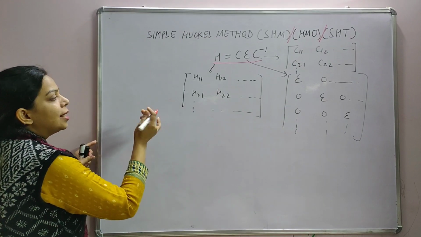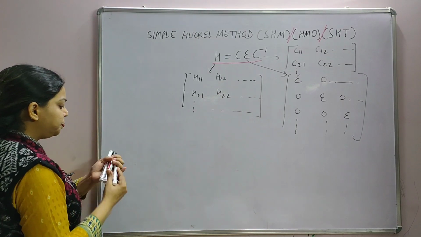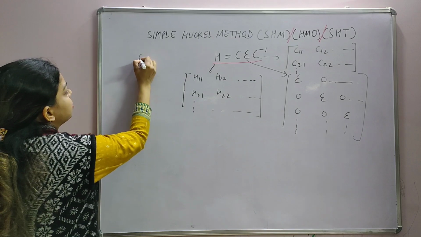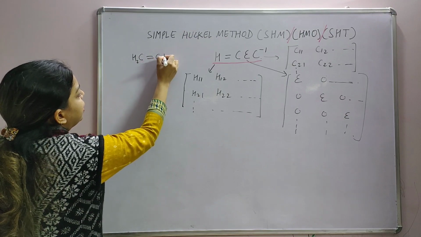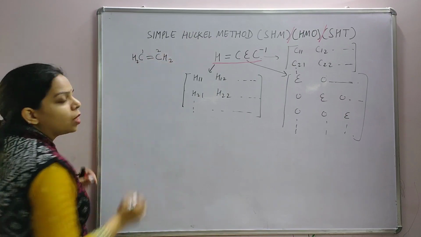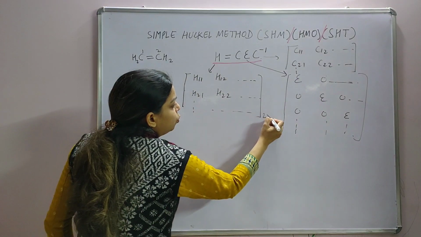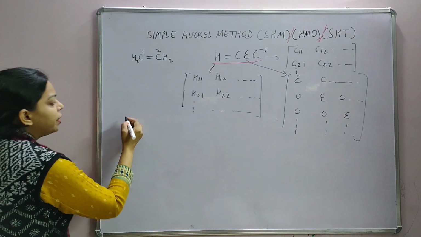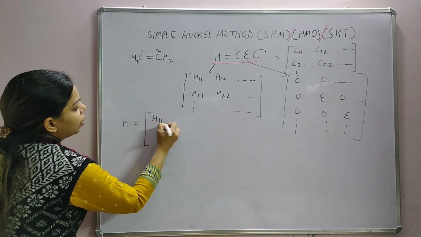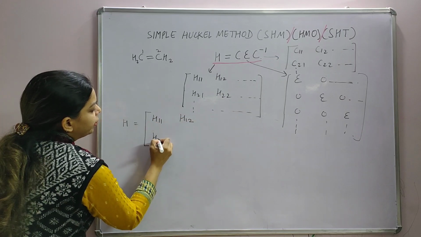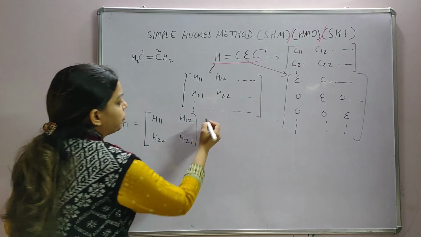Now I assume the simplest system, which is ethene, H2C double bond CH2. So I have only two carbon atoms, 1 and 2. The order of all these matrices will be 2 by 2, or I can write them separately as H11, H12, H22, H21, because there are only 2 carbon atoms.